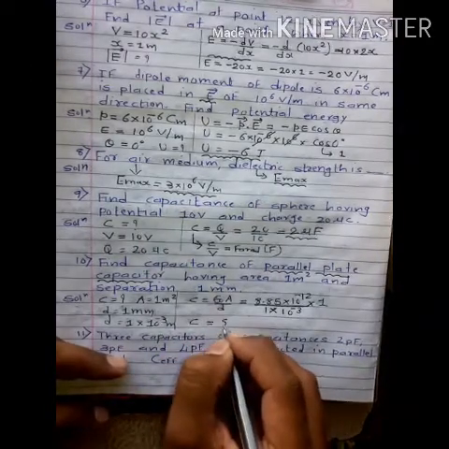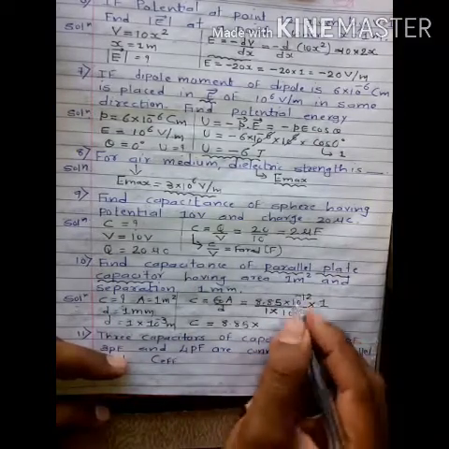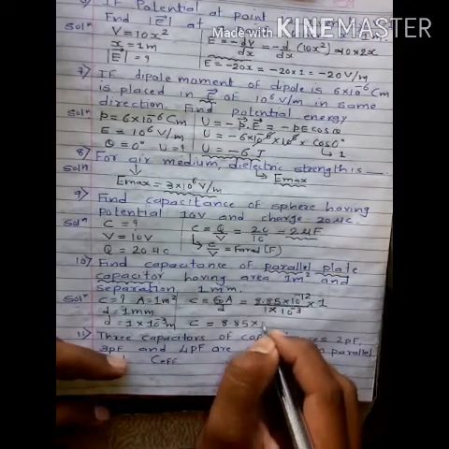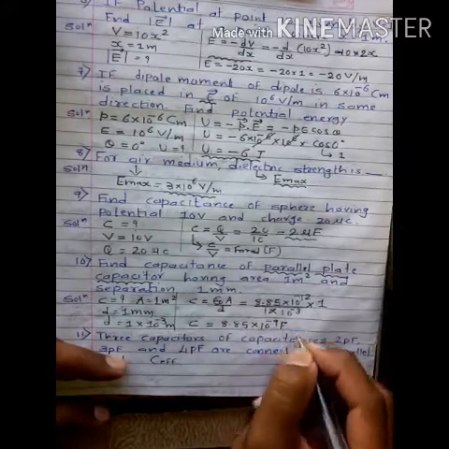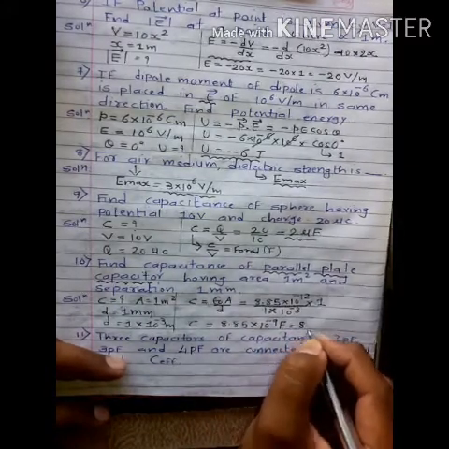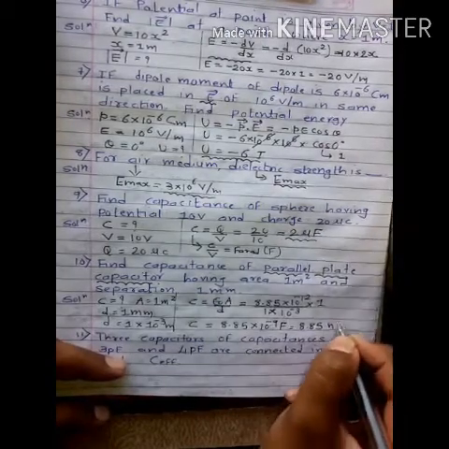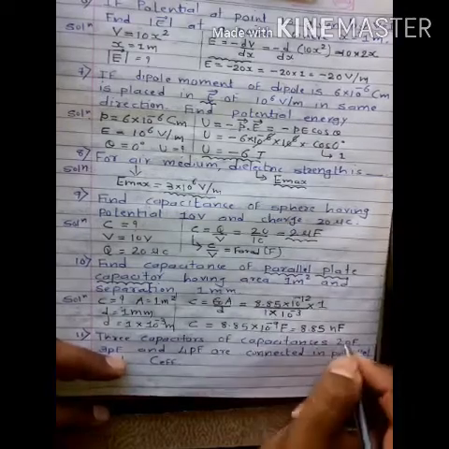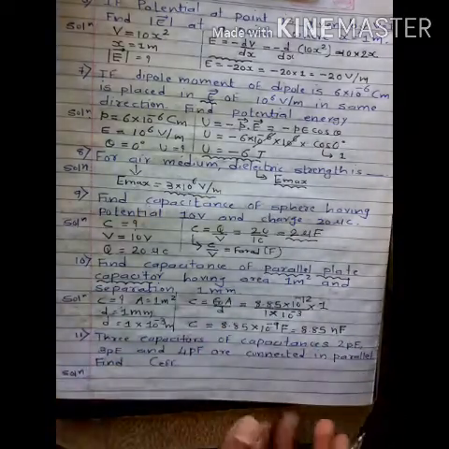So your answer is 8.85 into 10 to the power minus 12 upon 10 raised to minus 3. So it becomes 8.85 into 10 raised to minus 9 farad, which is also written as 8.85 nanofarad. Farad is nothing but the unit of capacitance.